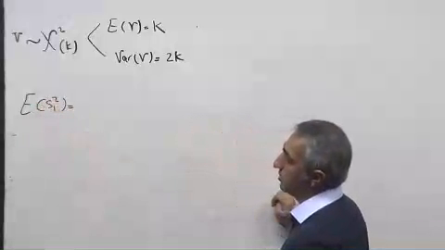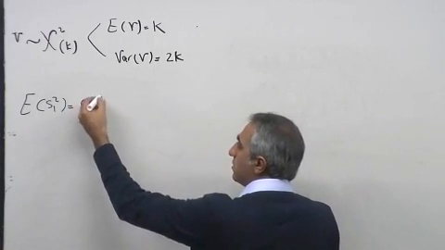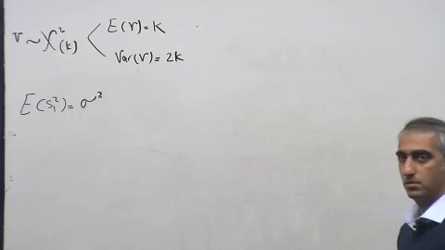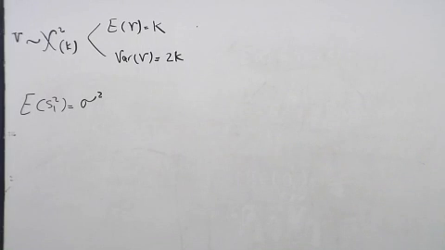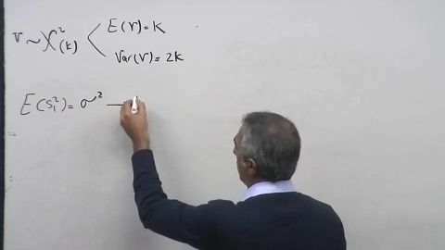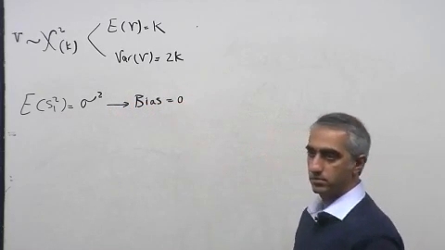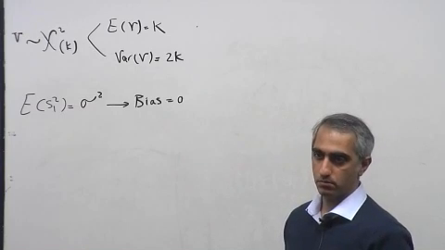For the first one, I already know this is an unbiased estimator of sigma squared. So bias is 0. Okay?